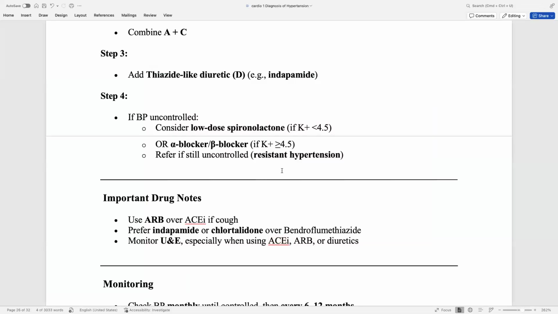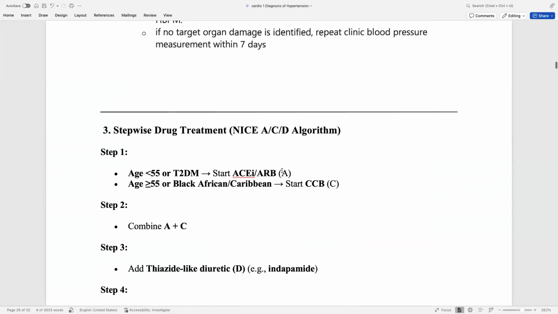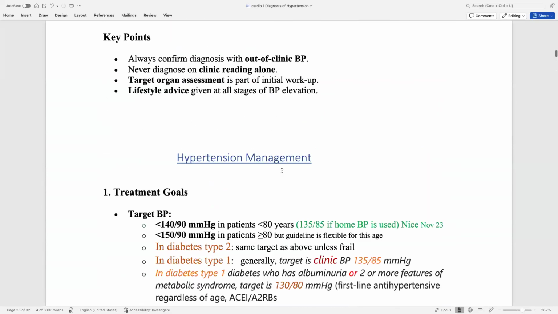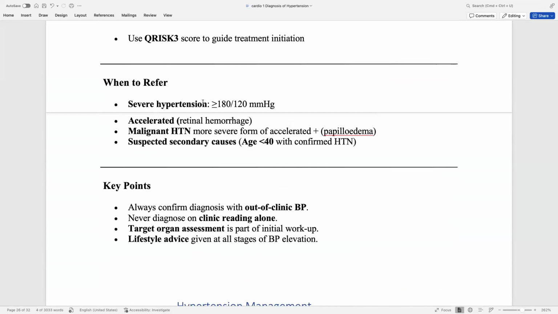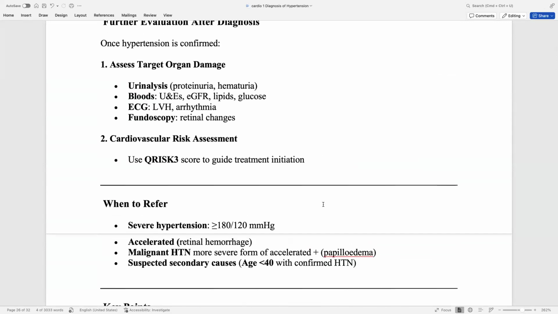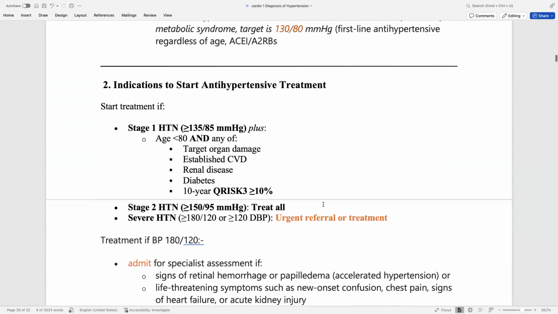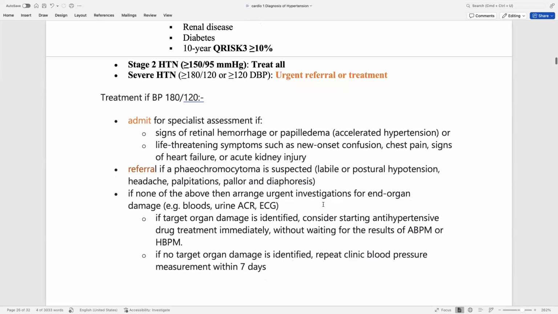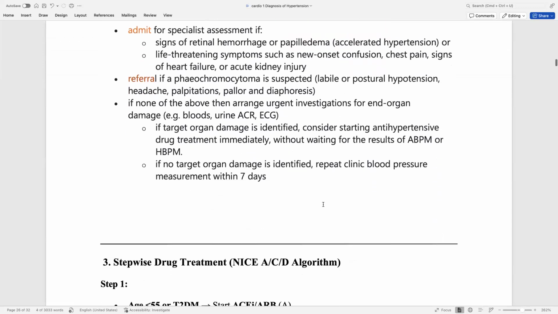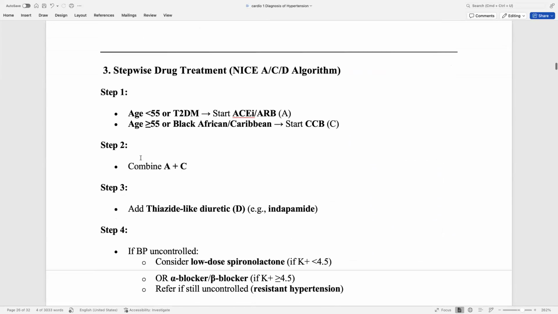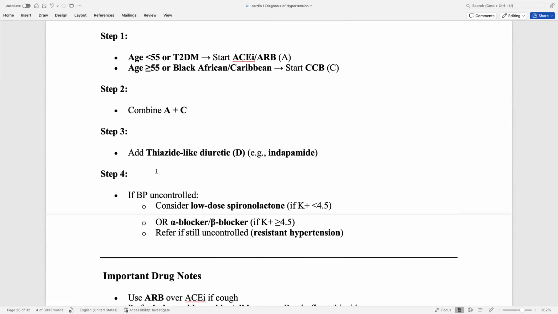Okay, let's go back to the note. So this is when to refer: severe, accelerated, malignant, or suspected secondary. Correct? Right. Steps of management: first, second, third. This patient needs 4 steps. Still GB can do it.